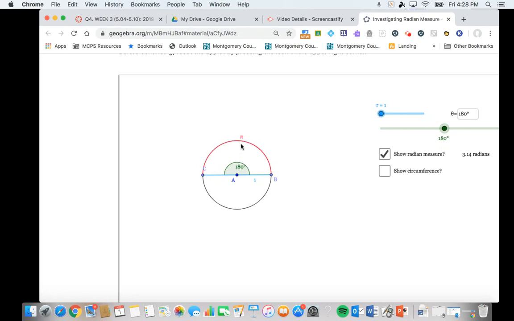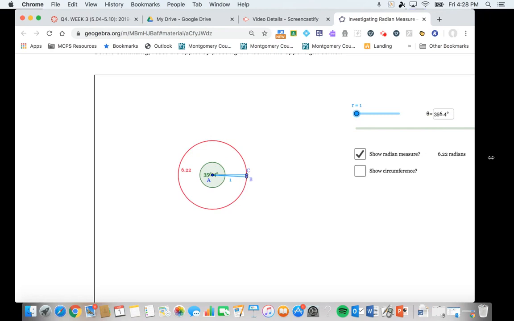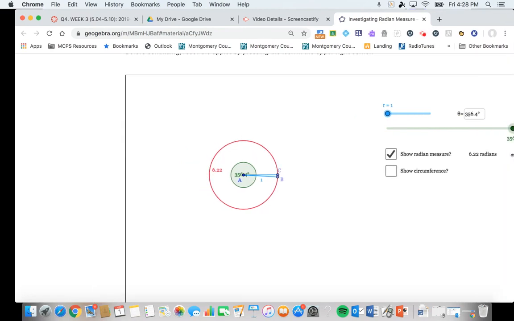Oh my gosh, pi radians. 360 degrees. Let's go the whole way around. Is 6.28 radians. Oh, that's 2 pi.